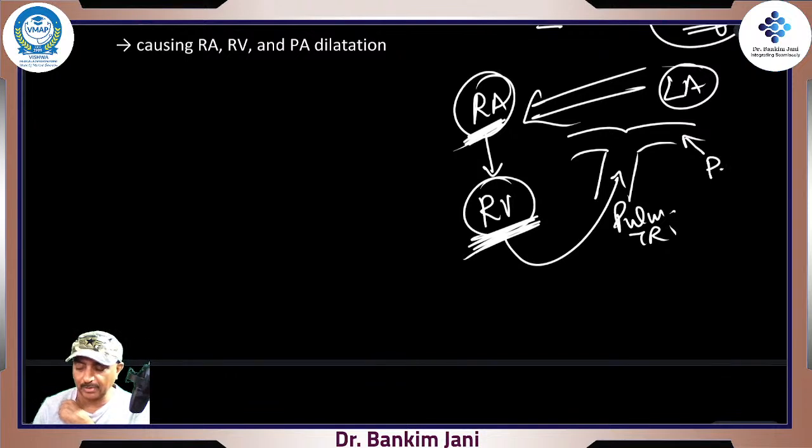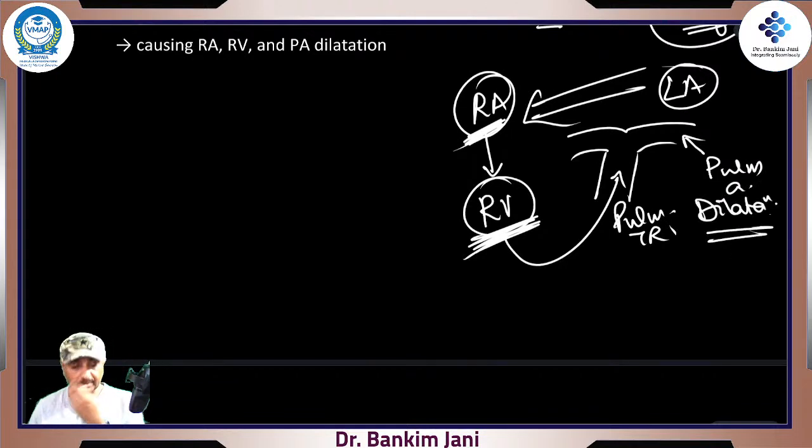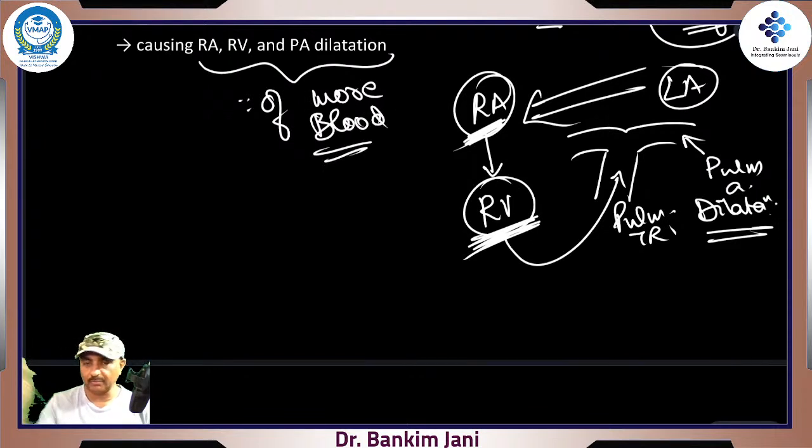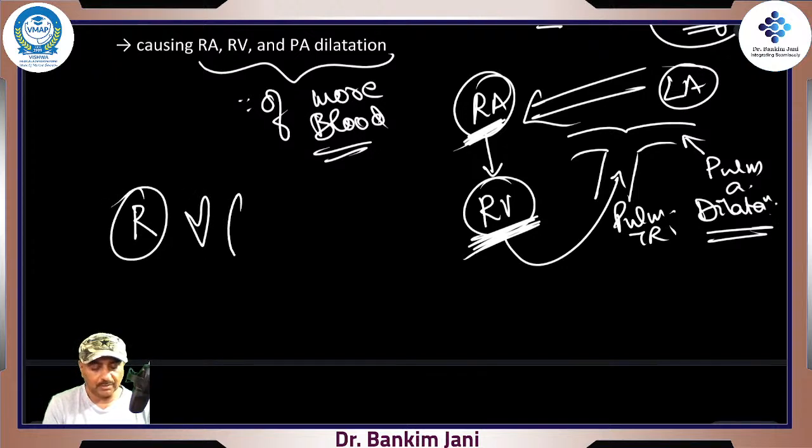So this is pulmonary artery dilatation. Right? All because of the pressure, because of more blood, which is coming via left atrium. So overall, if you really look at the picture, in a nutshell, it is right heart overload. Right heart overload.